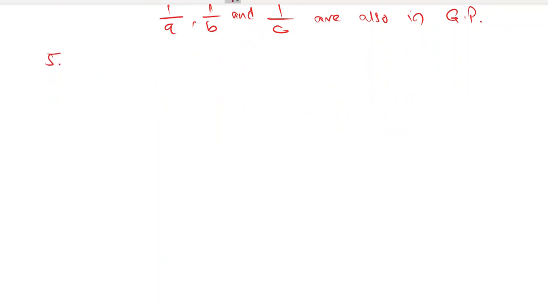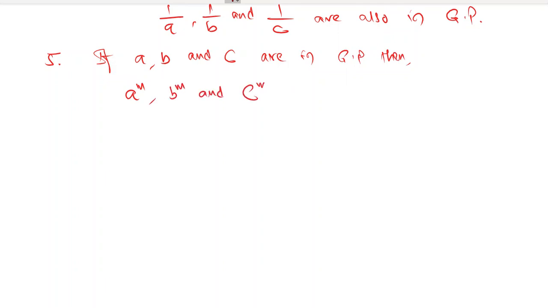If each term of a GP is raised to the same non-zero power, the resulting series is also a GP. If A, B and C are in GP, then A raised to M, B raised to M and C raised to M are also in GP.